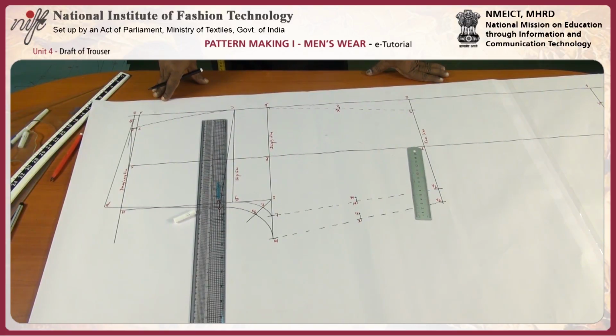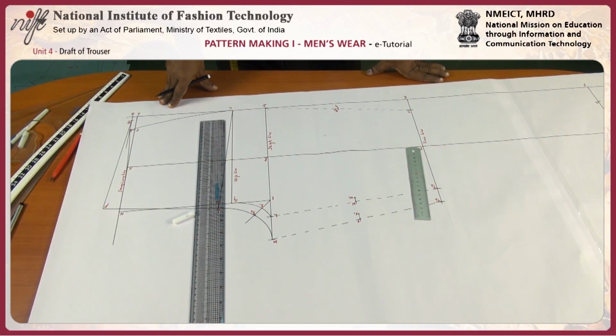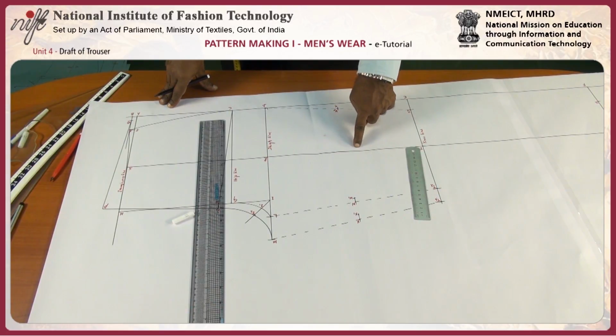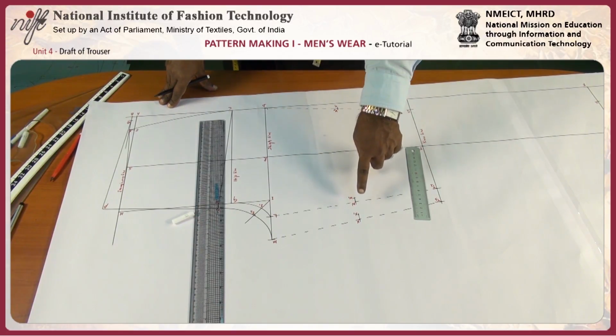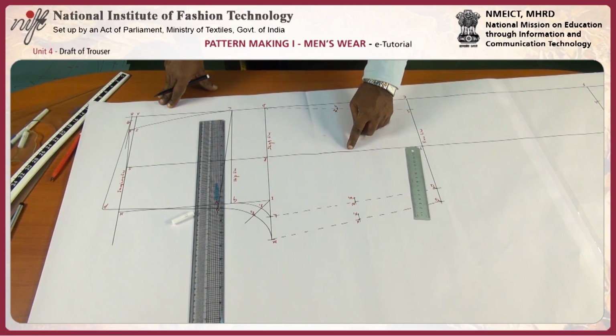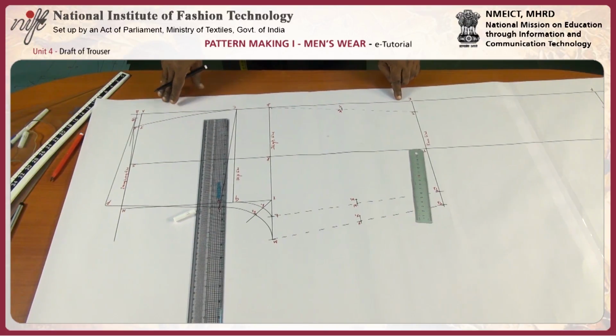See these measurements to be measured X towards the direction of the crease line, W also towards the crease line, and V1 towards the reference line.